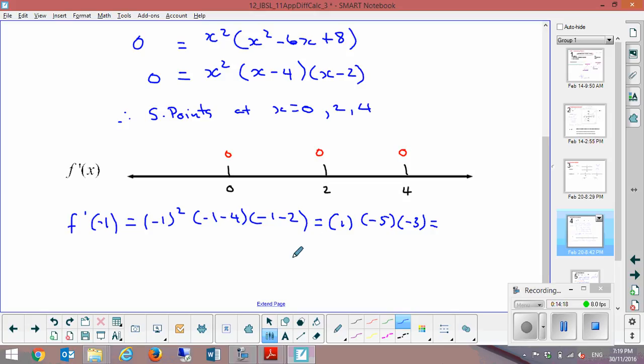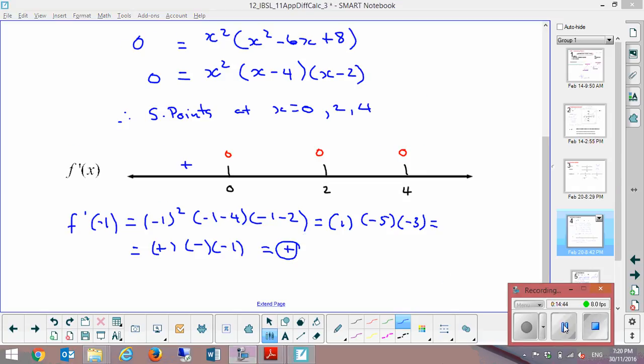So I can see here that basically we're going to have a positive number times a negative number times a negative number. That, all in all, gives me positive times negative gives me positive. So that tells me my gradient here is positive. So stop the video, have a go at testing those other 3 regions and see what you come up with.